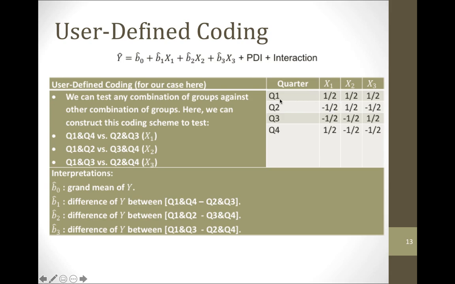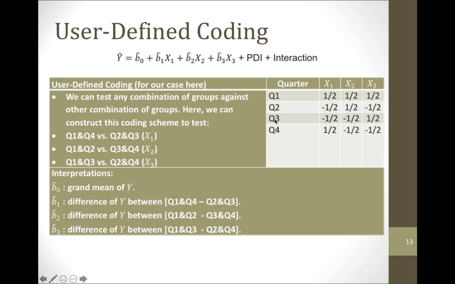So Q1 and Q4 here will add up to 1, and Q2 and Q3 here will add up to -1. So 1 and -1 will sum to 0. This is another way you can do the coding scheme, to compare the sum of some of the groups against another combination or another entity.